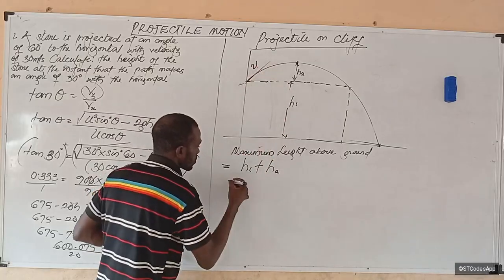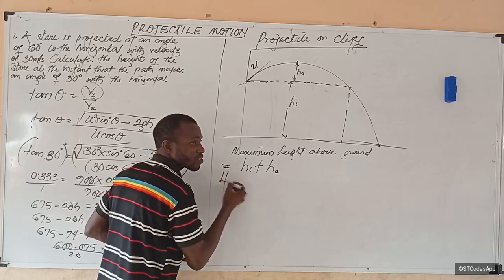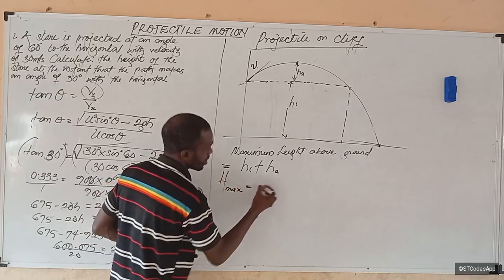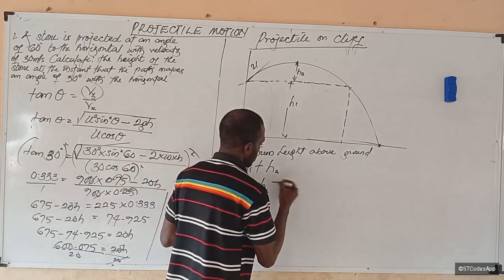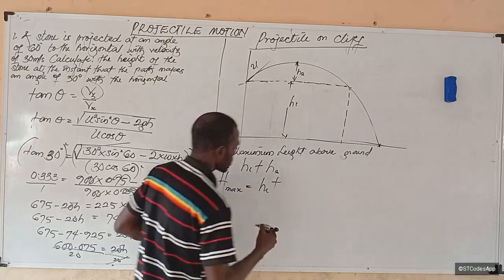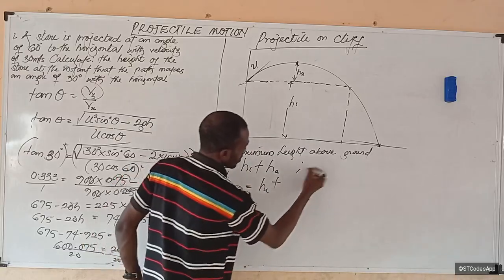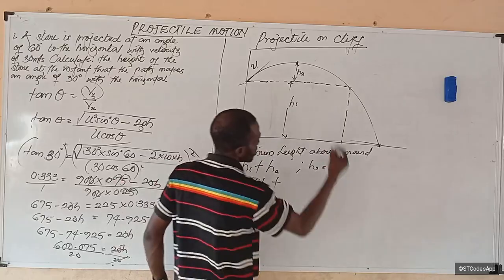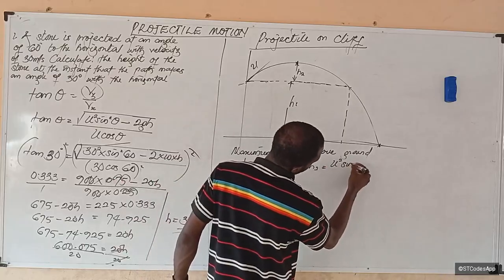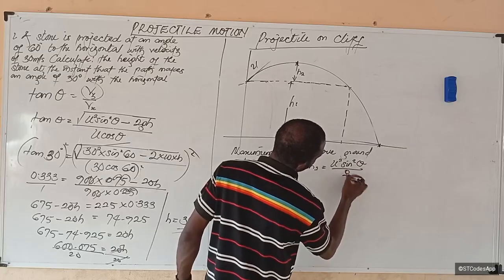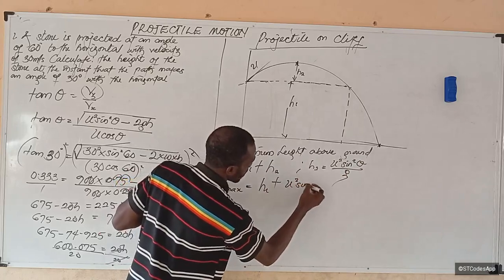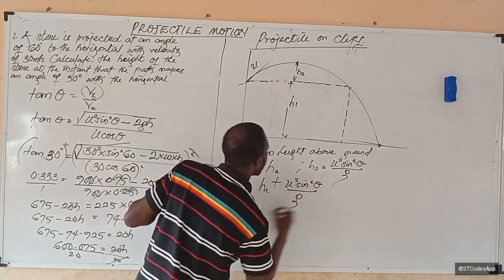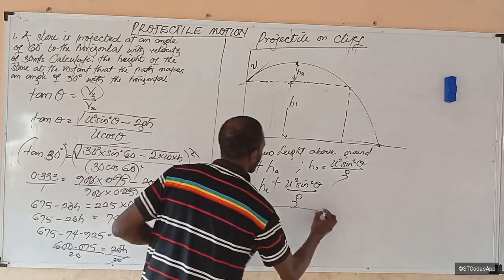So h max will be equal to h1, which is the height of the mountain itself, plus h2. Because h2 here is going to be the formula u squared sine squared theta over g. So plus u squared sine squared theta over g. This becomes the formula.